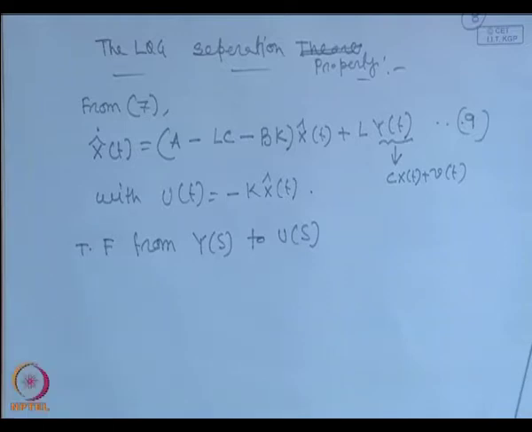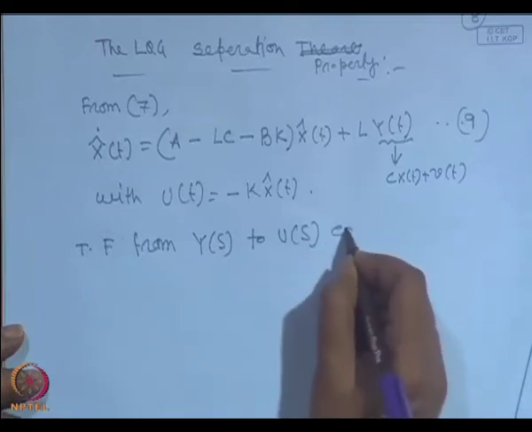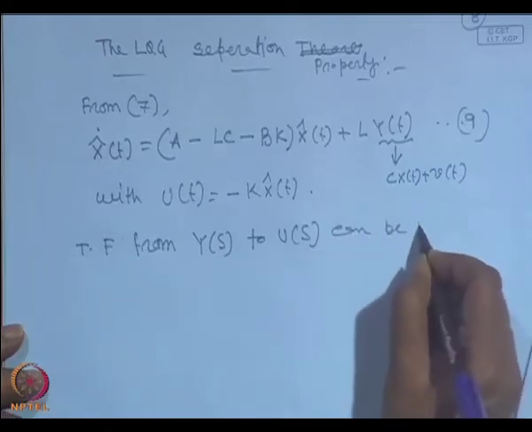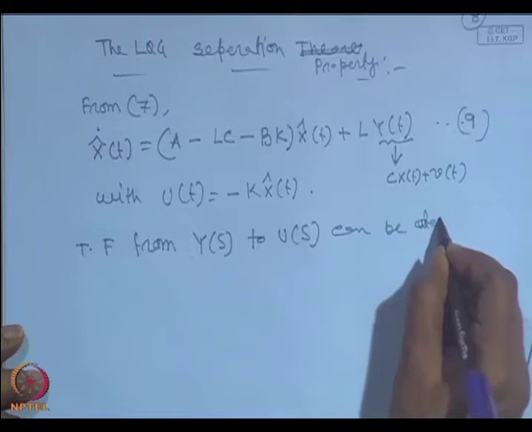To show that the loop gain of LQG is different from the loop gain of LQR, and that the nice properties of LQR are lost when we design an LQG problem. So it can be derived as follows.